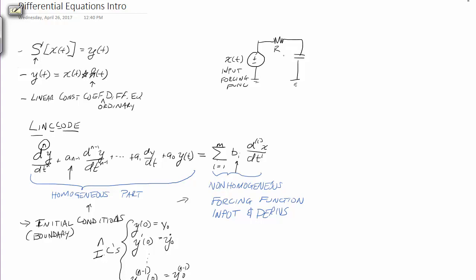That voltage will drive the current around this circuit according to a certain differential equation. And we're going to consider the output to be the voltage across the cap, the node voltage at this node.